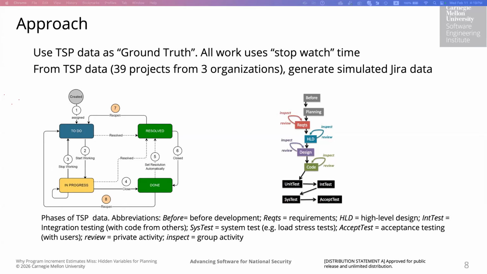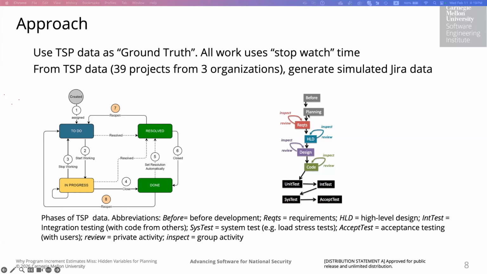So our approach is basically to use the TSP data that we collected for around 39 projects as the ground truth. All of this work actually used a digital stopwatch timer. We'll go into the details of that later on. But for now, let's compare the workflow that we see in Jira versus what we see in the TSP. In TSP also, the work phases are basically similar because it's the same work, right?